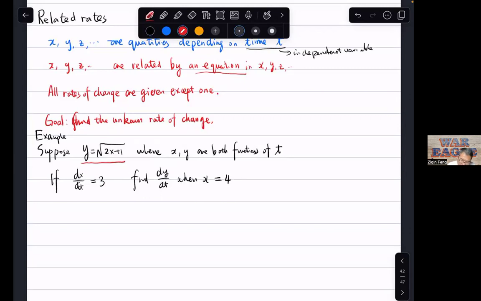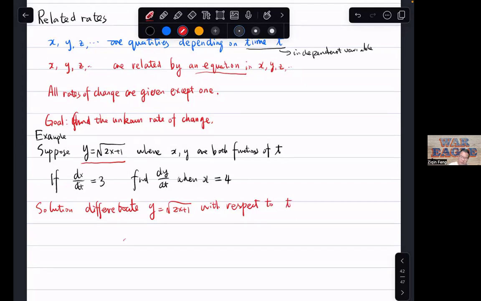For the solution, we just differentiate y equals the square root of 2x plus 1 with respect to t. Very important, you need to consider t as your independent variable, not x. As t changes, x and y change. We differentiate both sides of this equation with respect to time t.